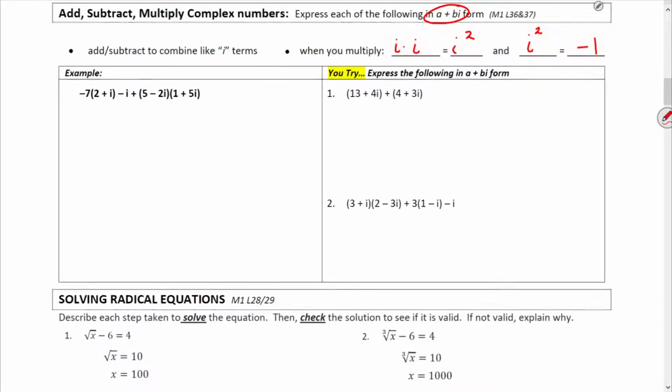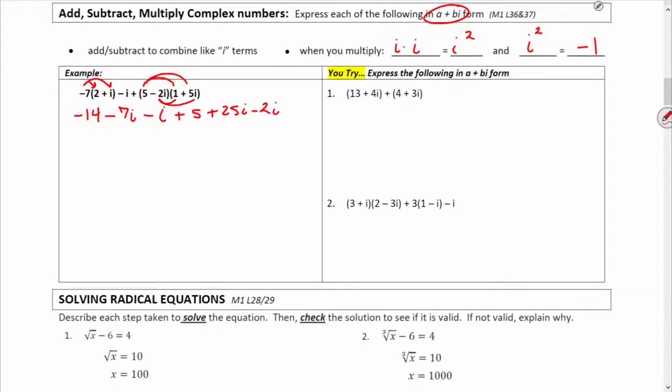So here's an example on the left. Okay, I will distribute this -7, and I get -14 minus 7i. Okay, and then I have a minus i. And then I'll distribute this. I just treat it just like a variable. 5 times 1 is plus 5. 5 times 5i is 25i. -2i times 1 is -2i.